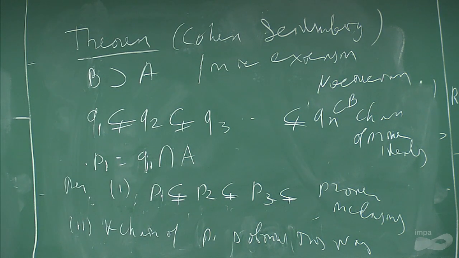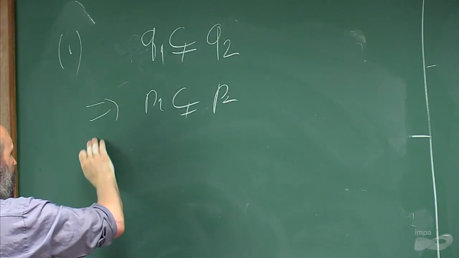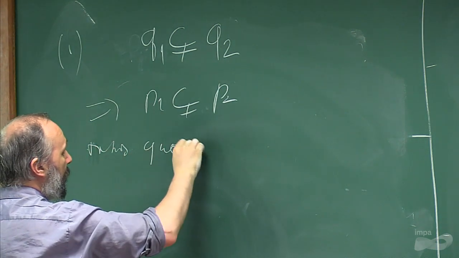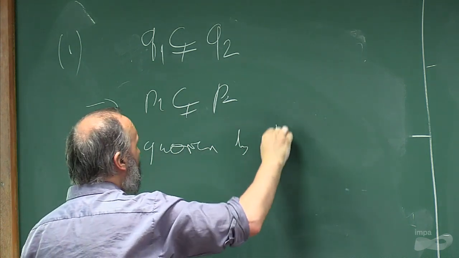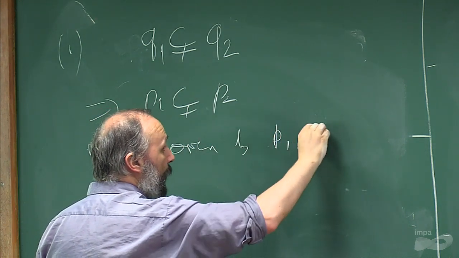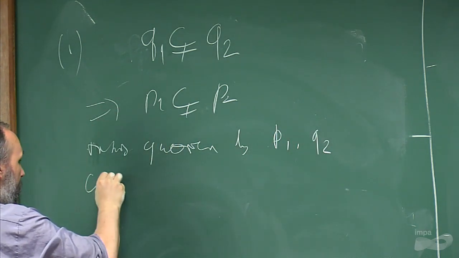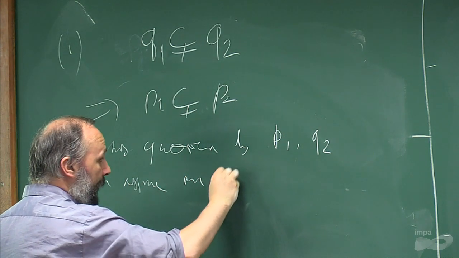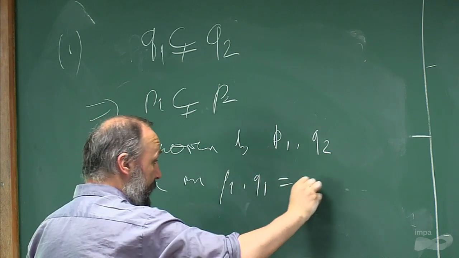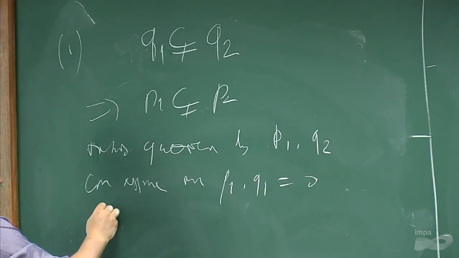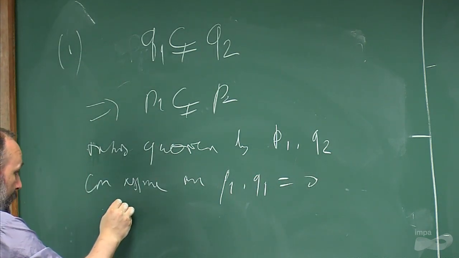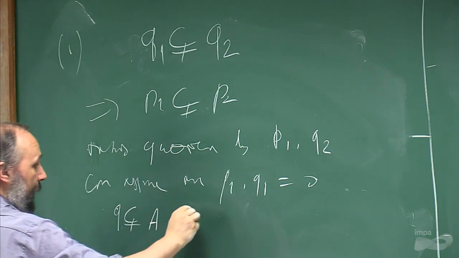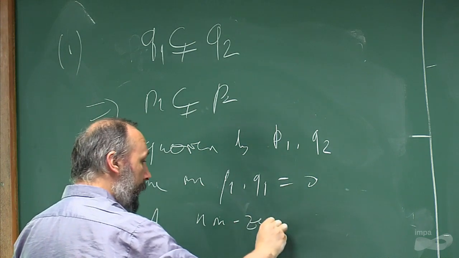Okay, we can take a quotient by P1 Q1. We can assume that P1 Q1 is equal to 0. This gives you non-zero Q inside A, non-zero prime.